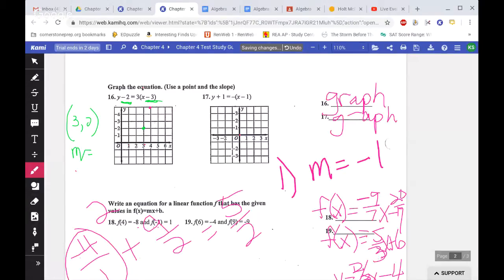All right, can anyone tell me what the slope is? Two over 3. Good job. And where did you get that?